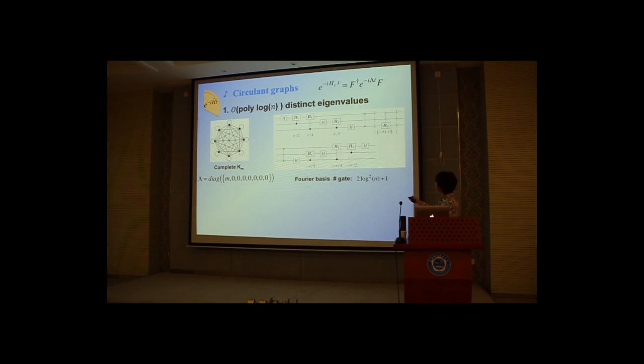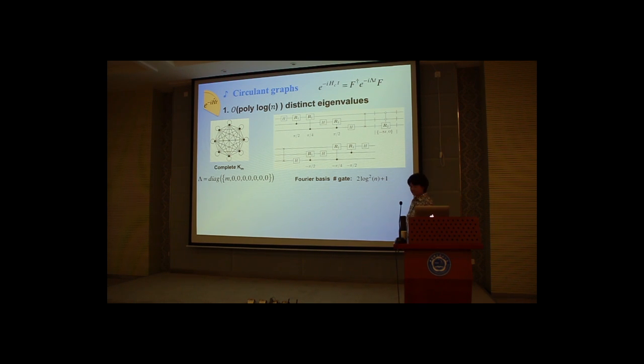So that's the Fourier, that's the inverse Fourier, and that's one phase gate. And what's more, that's time independent, and you can just tune the phase depending on what time you want to look at the system, which is simple to do in your lab. And that's the exact scaling.